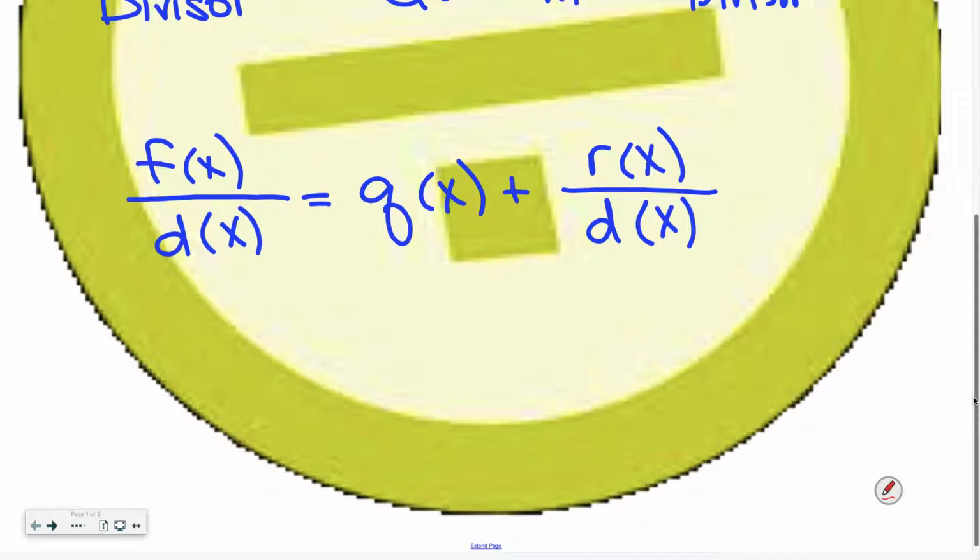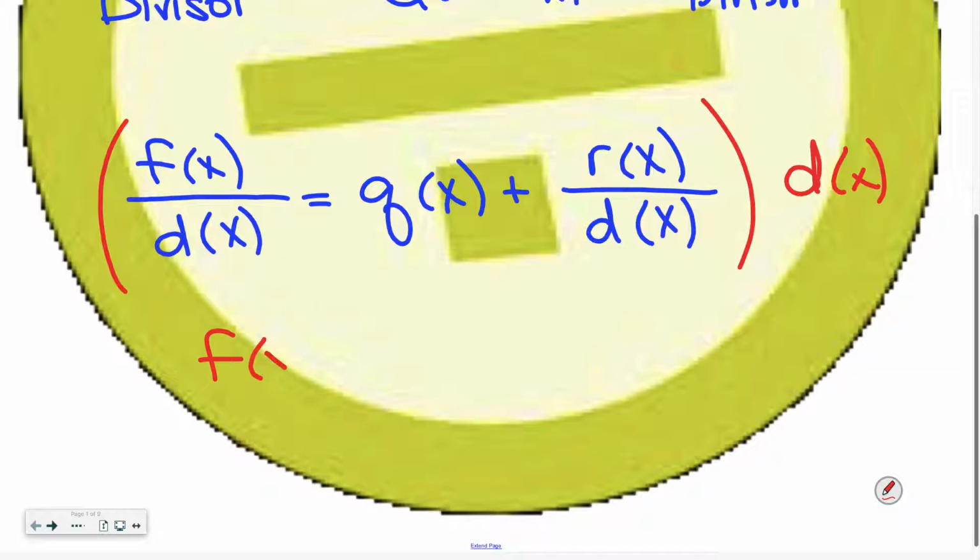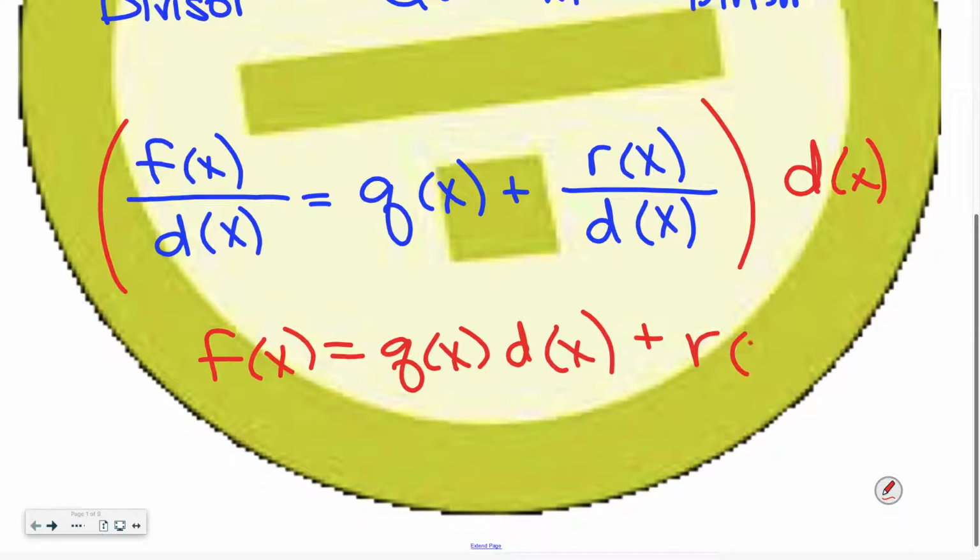I could multiply both sides by d, which means d of x and d of x cancel. Q of x gets multiplied to d of x. And then here, d of x and d of x cancel. Basically, I've taken this blue equation and I just rearranged it. I took our divisor and multiplied so that we have no fractions.